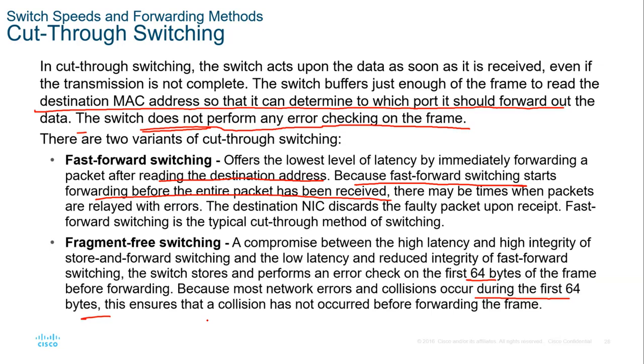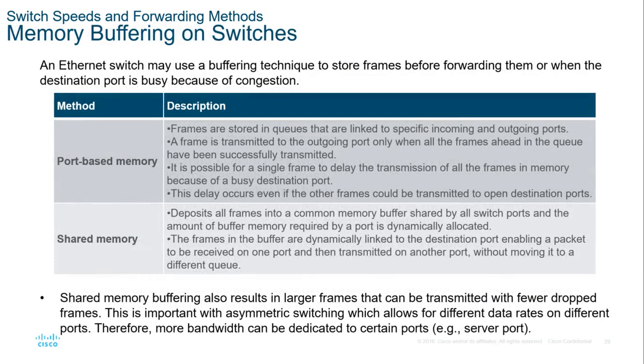So once it receives the 64 bytes, which is fragment-free switching, they are checked in case there are network errors or collisions before it forwards the frame.